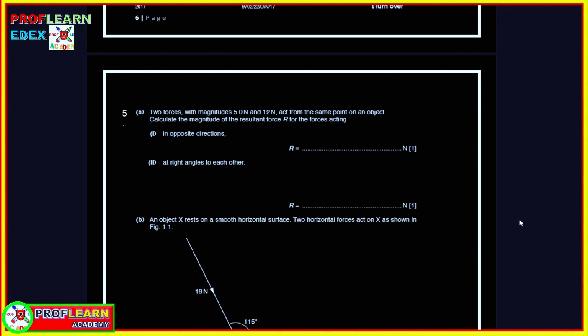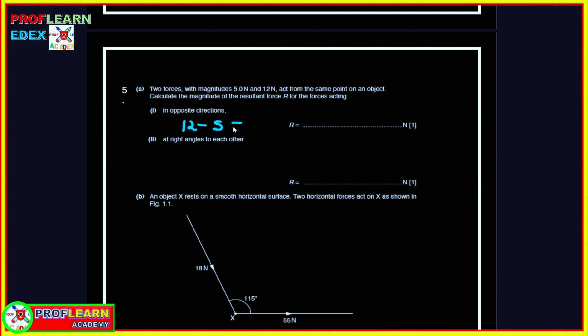Moving to question number 5, which is a question that is talking about combining vectors. When vectors are acting in opposite directions, we usually subtract those vectors, and in that case we are going to get 7, because 12 minus 5 is 7 newtons.